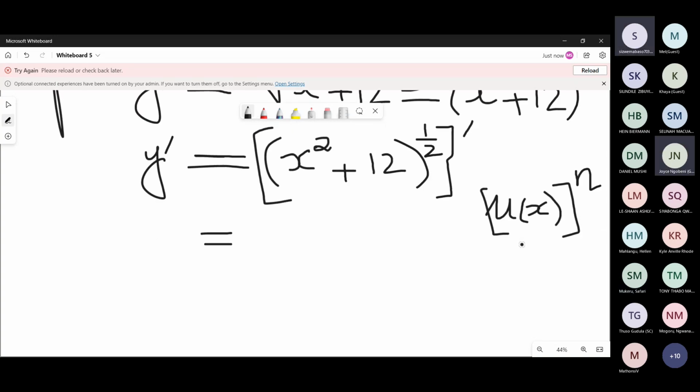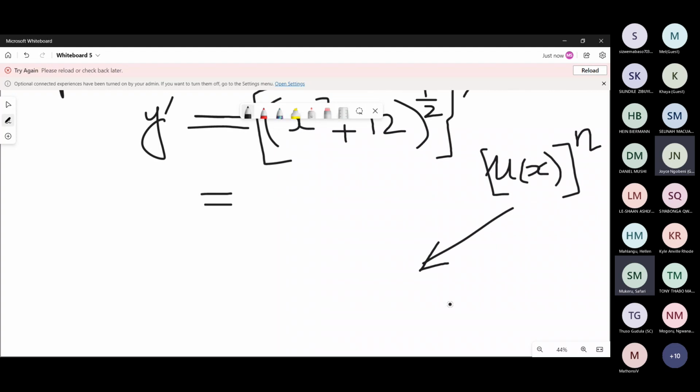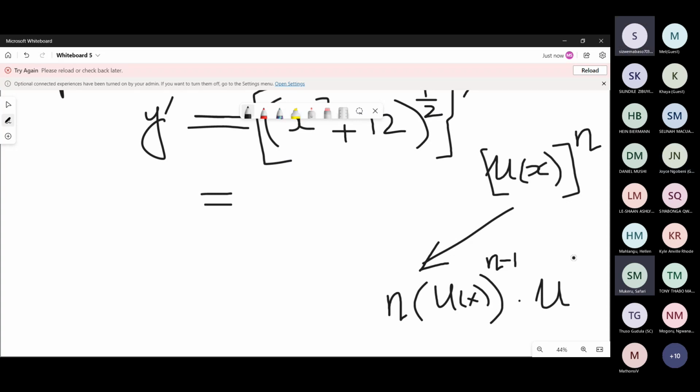When we derive this one, it's going to be n multiplied by u of x to the power n minus 1, multiplied by u prime of x.